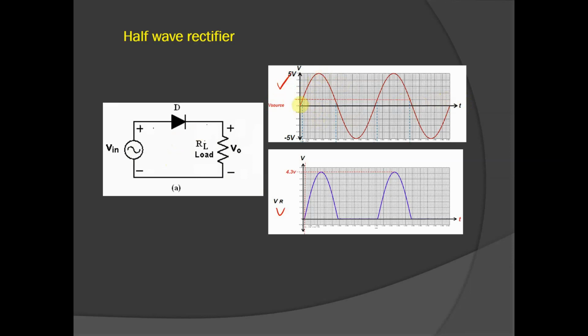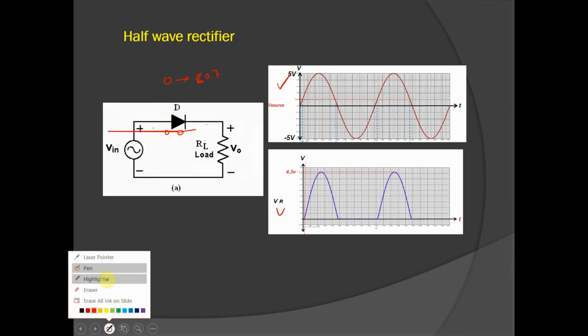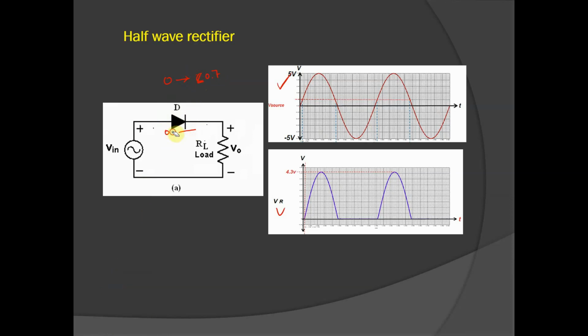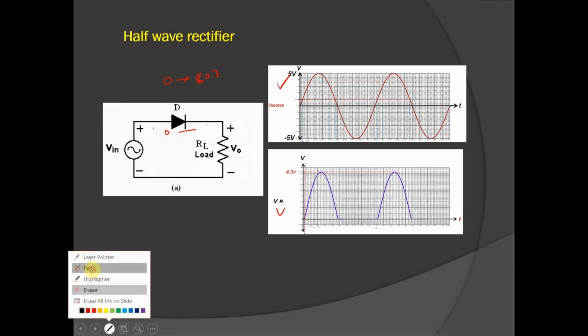So when the voltage is zero, up to less than 0.7, what happens to this switch? From 0 up to near 0.7, let's say less than 0.7, the diode condition here is open.